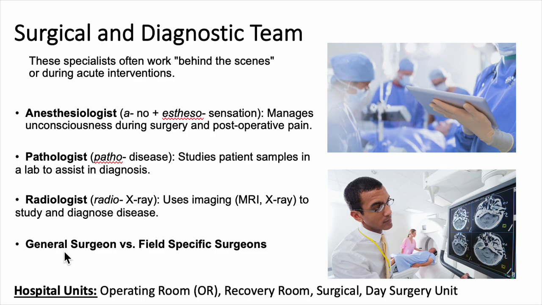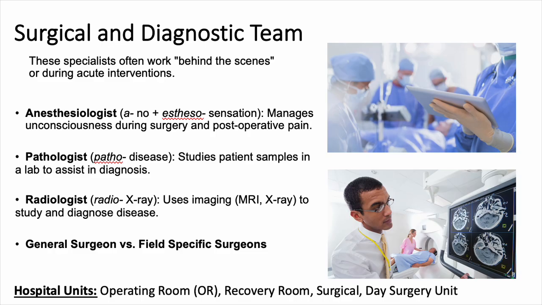Now, for surgery, we'll talk about various surgeons throughout this lecture, but we'll begin with the distinction between general surgeons and field-specific surgeons. A general surgeon is going to perform a broad range of surgical procedures, while field-specific surgeons will specialize in one body system, such as cardiovascular surgery or neurosurgery.